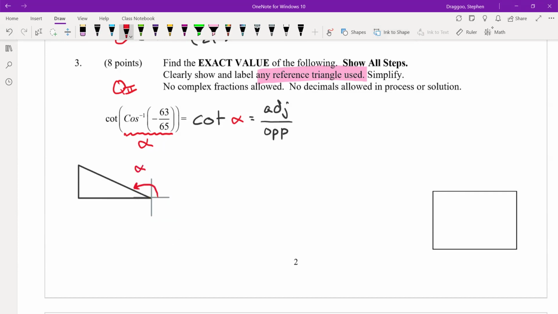All right, so that means the angle that cosine inverse would spit out is that red one right there. It'll be just more than 90 degrees, taking the cosine inverse of negative 63 over 65. So 63 will be my adjacent side, 65 will be my hypotenuse. And because we're in the second quadrant, negative should be placed on the 63.